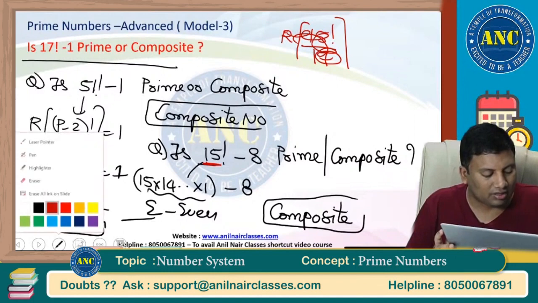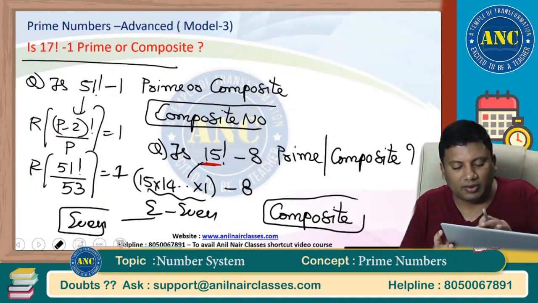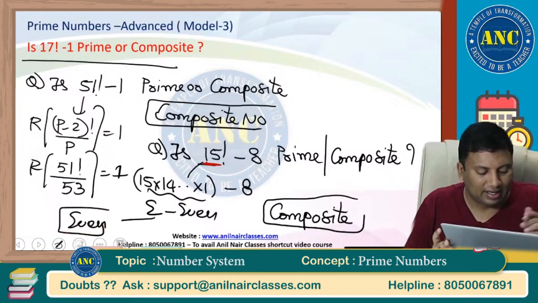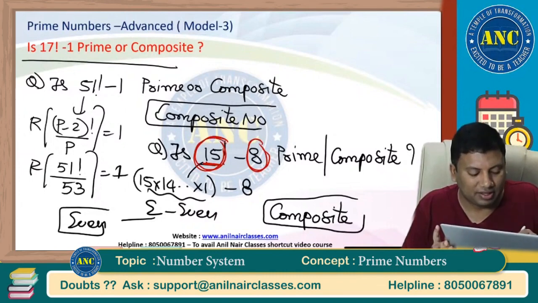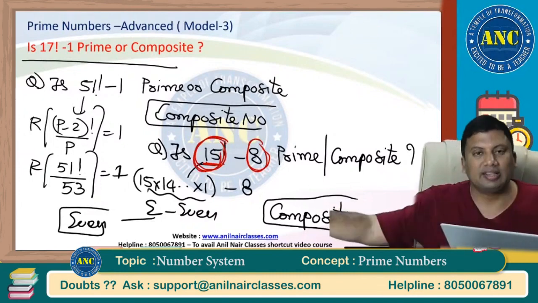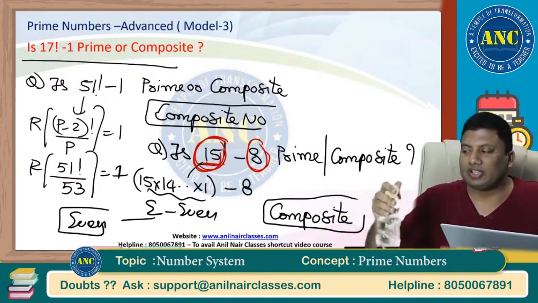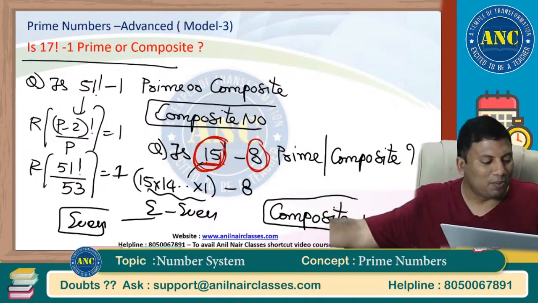I just wanted to tell you that 15 factorial contains 2, 4 and 8, and 8 also contains 2, 4 and 8. Model number 3, Wilson's theorem application. I hope it is clear.